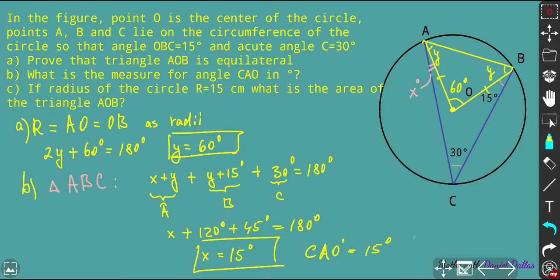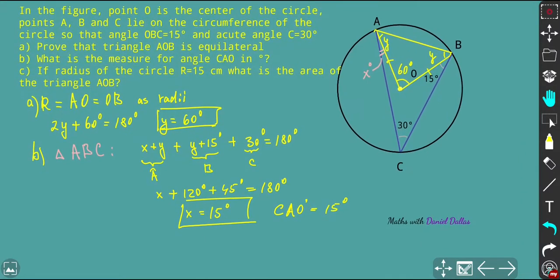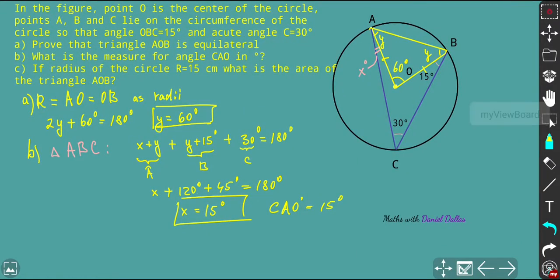All right, so in the last question, if the radius of the circle R equals 15 centimeters, what is the area of triangle AOB? All right, let's have a look. I think I can still complete it on that slide. Let's do part C. You remember the formula for finding the area of a triangle. It's all about using the height in the triangle.